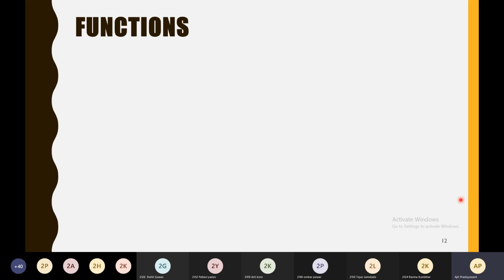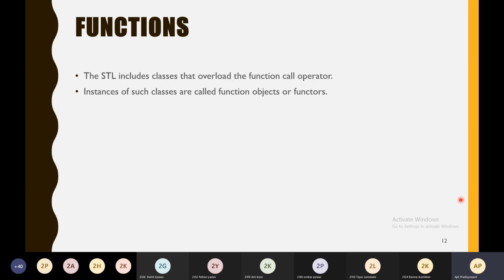So next is functions. STL includes classes that overload the function call operator. An instance of such classes is called a function object, or functor.